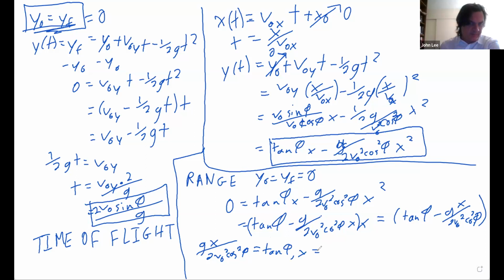So x equals 2 v naught squared cosine phi over g times tangent of phi, which is 2 v naught squared sine phi cosine phi over g, which, if you remember your trigonometric properties, 2 sine phi cosine phi is equal to sine of 2 phi.